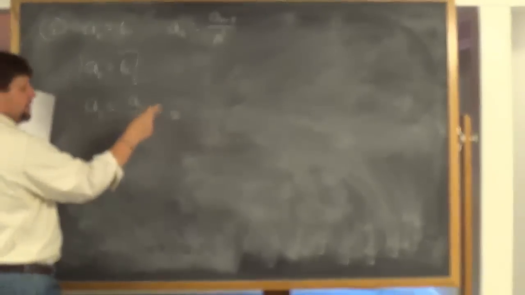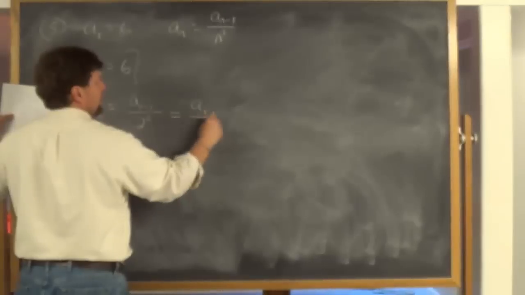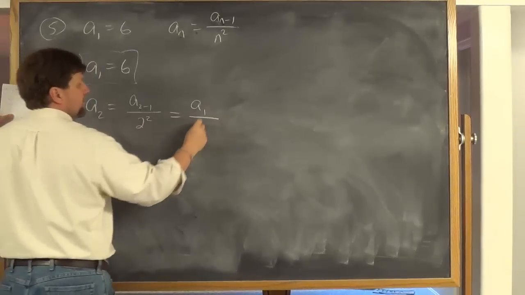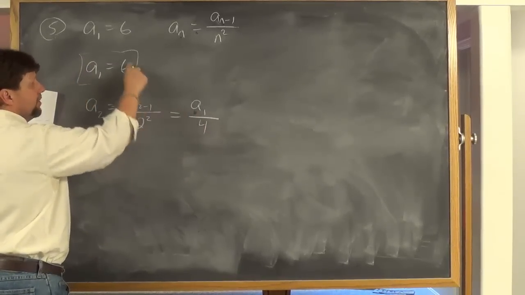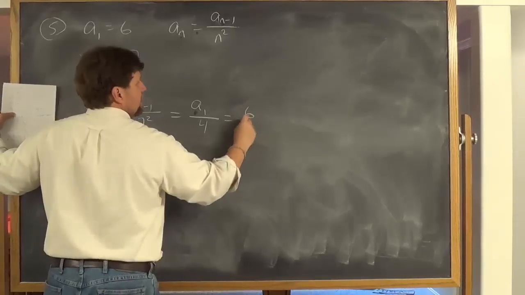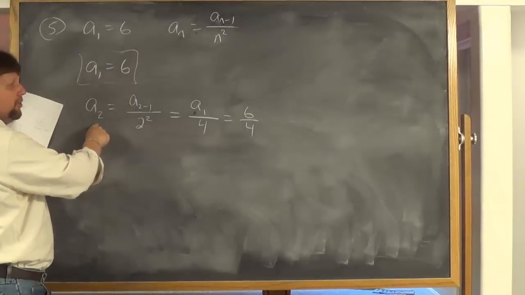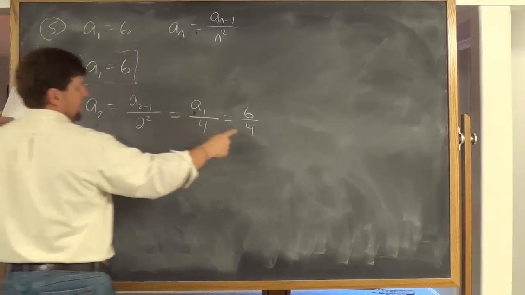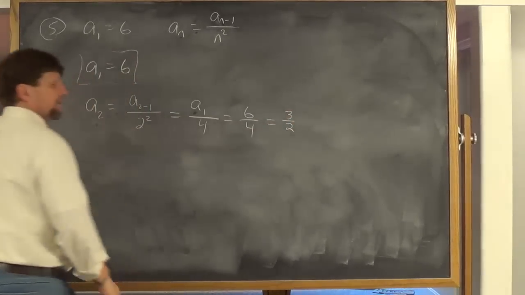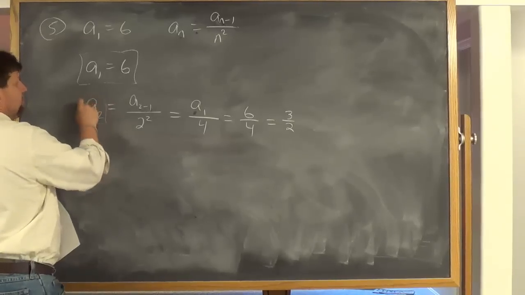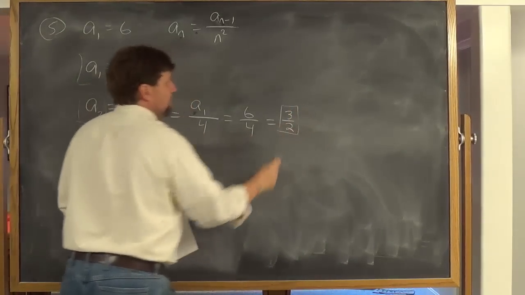Well, 2 minus 1 is 1, so that's a sub 1 over 2 squared, which is 4. And then what was a sub 1? A sub 1 was 6. So I have a sub 2 is 6/4, but that reduces down to 3/2. So a sub 2 is 3/2.